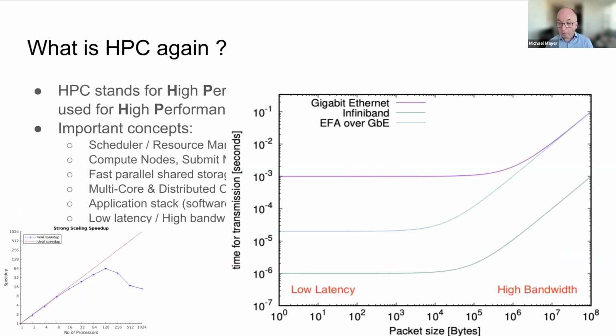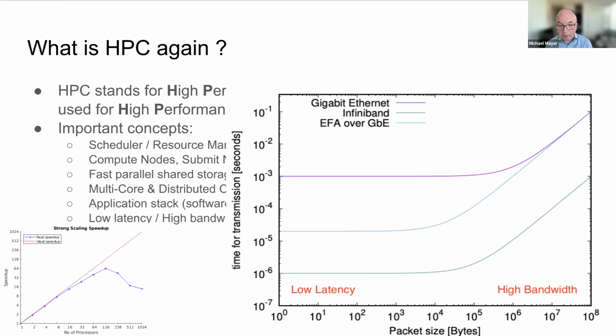In addition, because those algorithms are running distributed over different servers, the so-called compute nodes, they at some point have to communicate with each other. And so there's the important concept of network latency that you should be aware of. Here, for example, I have taken 3 typical networks that you see: Gigabit Ethernet, InfiniBand, and an Amazon-specific thing called EFA.